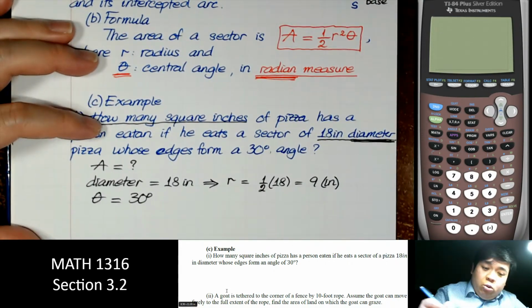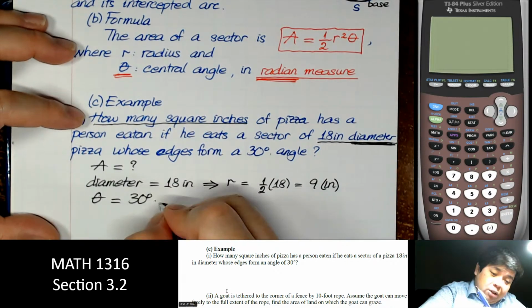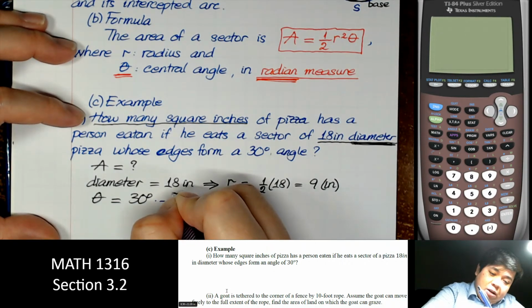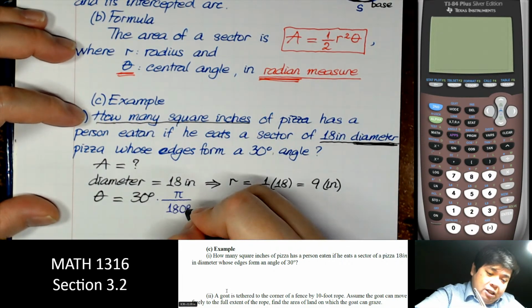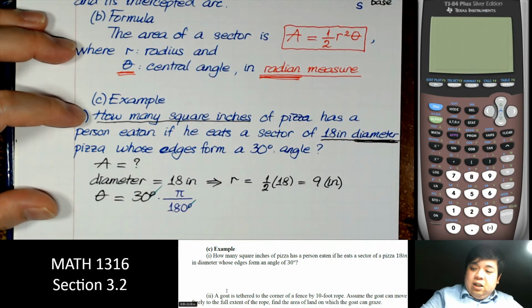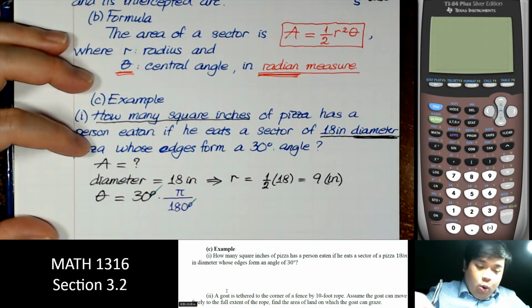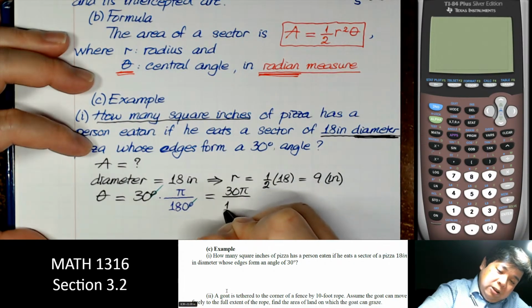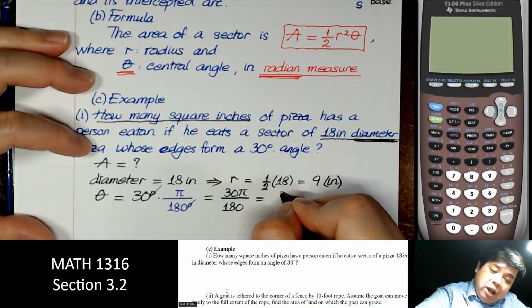To change to radians, we multiply by something that will cancel the degrees. So we put 180 degrees at the bottom and pi on the top. In that case, the degrees cancel out. We have 30 pi divided by 180, and 30 divided by 180 gives pi over 6.